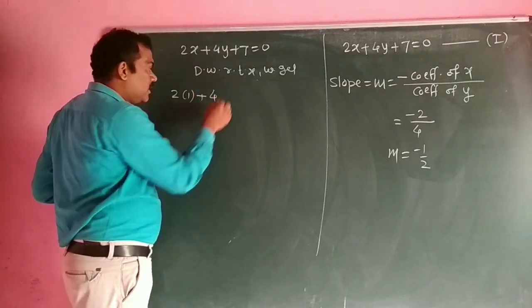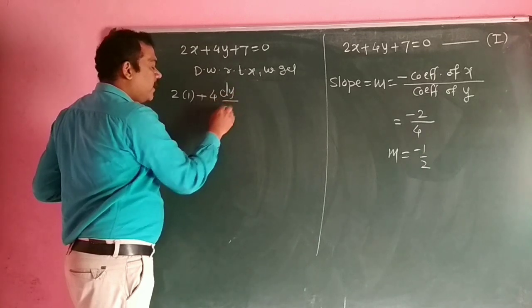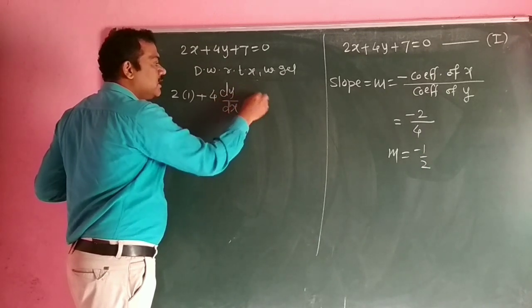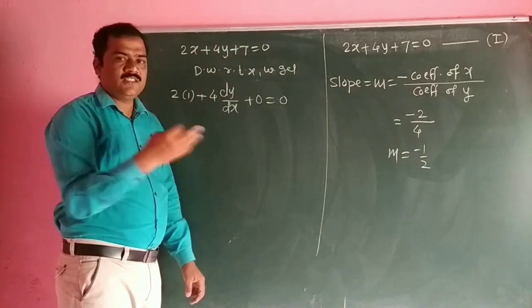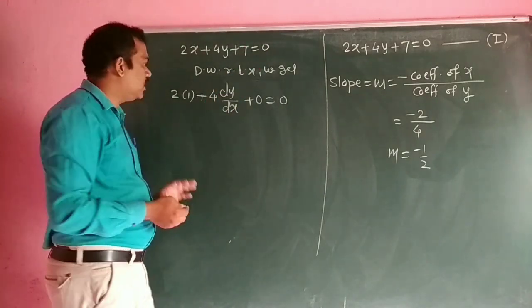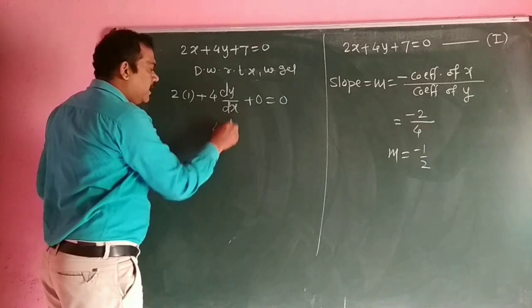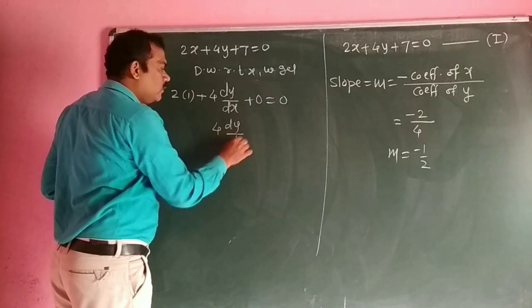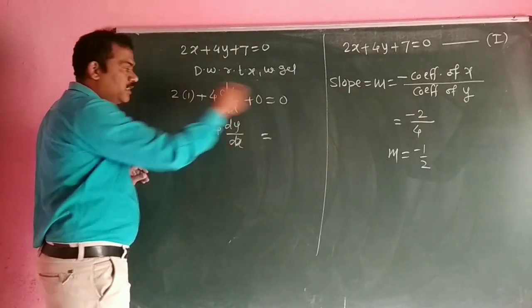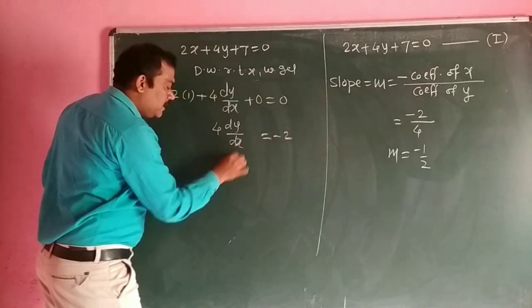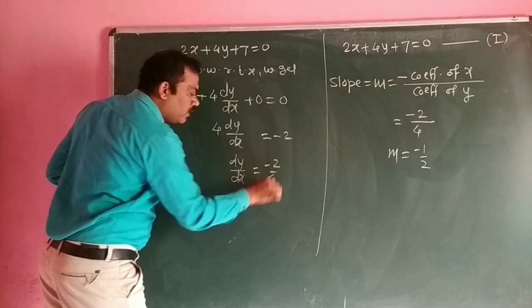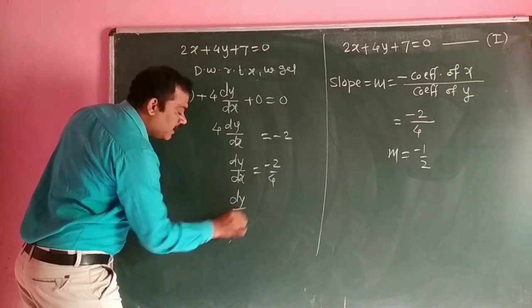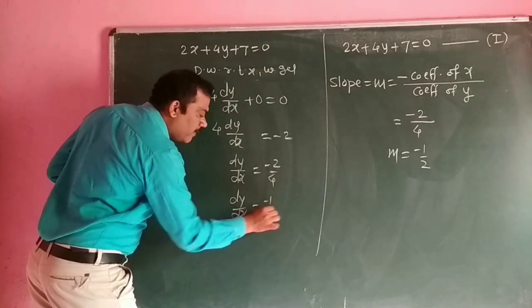The differentiation of y with respect to x is dy by dx, plus 7 is a constant, whose derivative is 0, and on the right side the differentiation of 0 is 0. So 4 dy by dx is equal to minus 2, that is dy by dx is equal to minus 2 by 4, that is dy by dx is equal to minus 1 by 2.